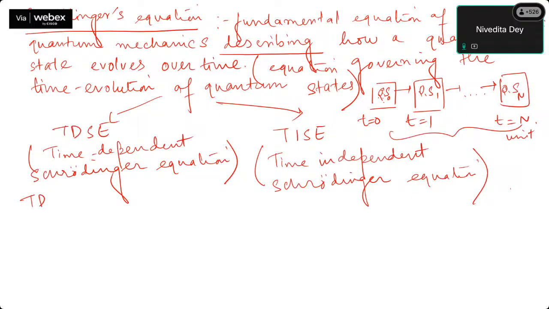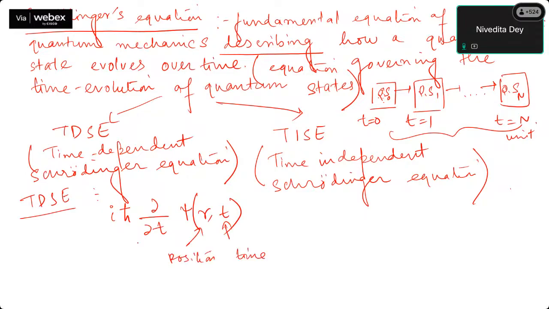For TDSE, it is i h-bar, then del t of psi(r, t). This r is the position with respect to time t, and del del t is the partial derivative. This h-bar is the reduced Planck's constant, and this equals the energy operator H-hat acting on psi(r, t).